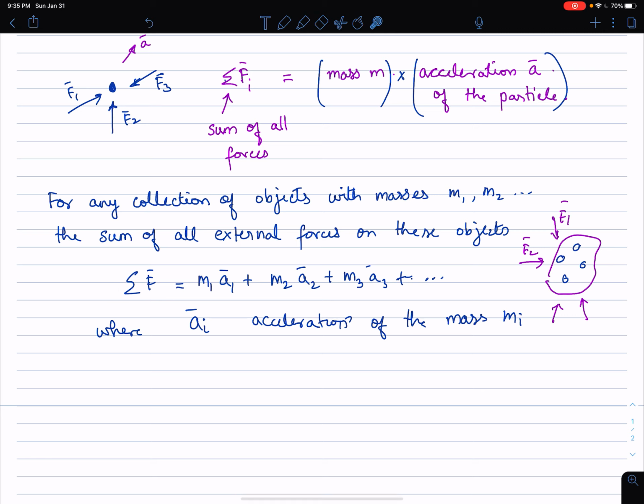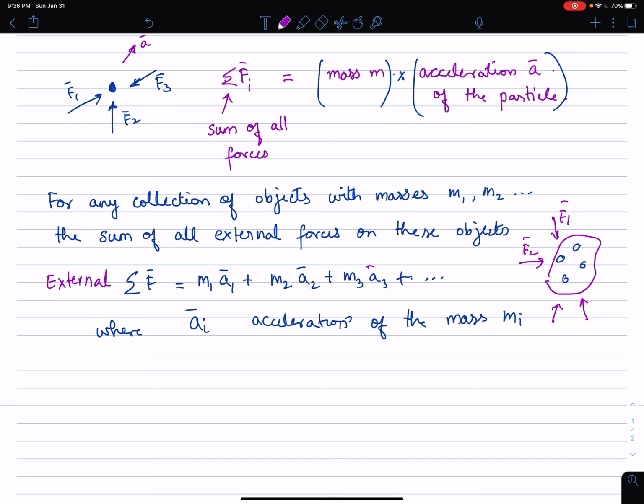These are just external forces, okay? These are external to the system of masses. And each of these masses might have an acceleration a1, a2, a3, and it turns out that the sum of all external forces external to the system of masses equals m1a1 plus m2a2 plus m3a3, etc.